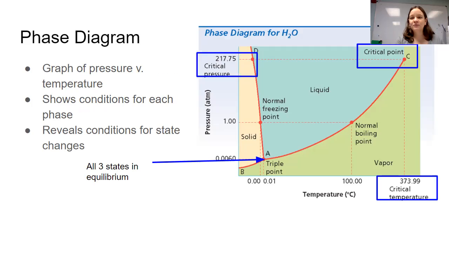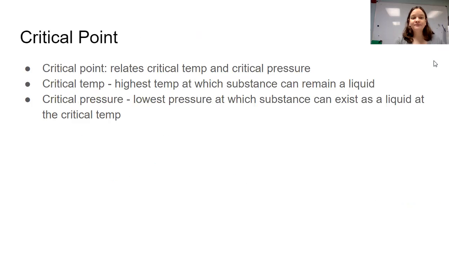So for water, the critical temperature is 373.99. If you go to 374 degrees Celsius, you can no longer have a liquid, and it doesn't matter what pressure you have. Okay, after that point, you're just going to have a vapor. You're not going to be able to have a liquid.